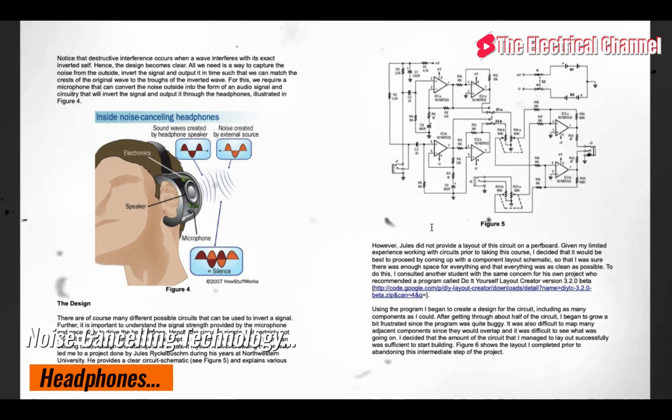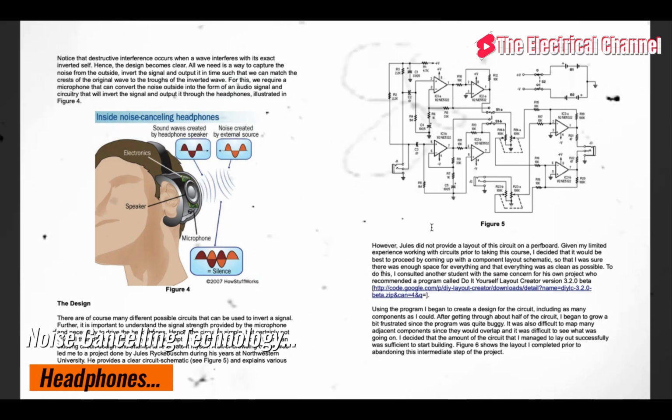All we need is a way to capture noise from the outside, invert the signal, and put it in time such that we can match the crest of the original waveform to match the output of the inverted waveform.